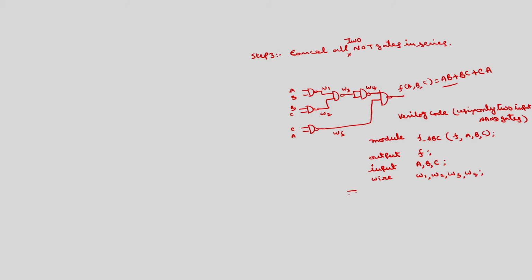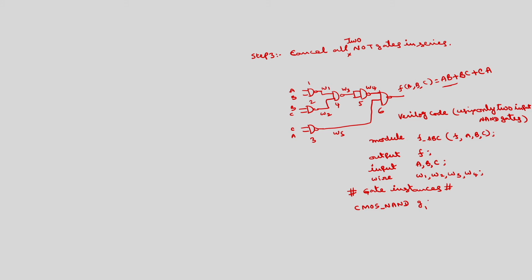Then we have to use gate instances. The name that I have given for the 2 input NAND gate is CMOS underscore NAND. You give the names 1, 2, 3, 4, 5, 6, I call them G1, G2, G3, and so on up to G6.